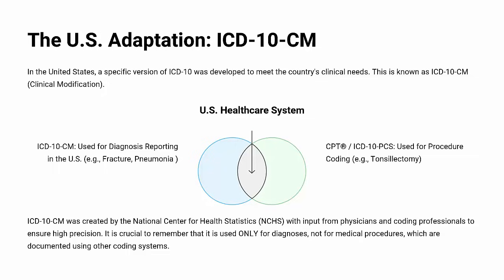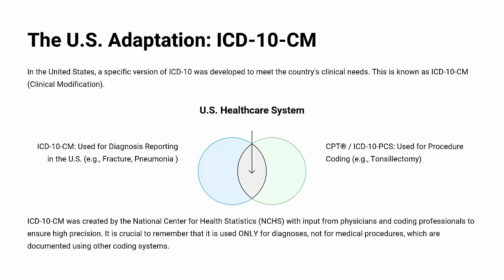And we also have another group of codes that are used for procedure and service reporting. For example, if a patient comes in and they have a fracture, you're going to use ICD-10-CM to report that fracture. But if that fracture needs a repair, you're going to need to code for that repair.